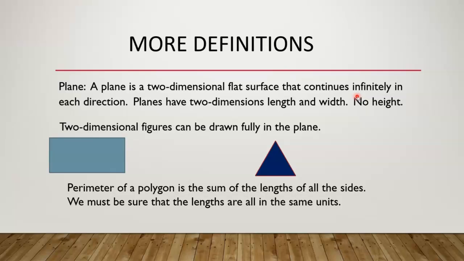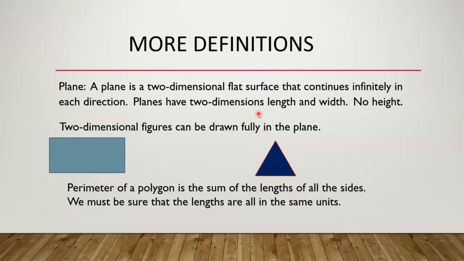In other words, it never ends in each direction: left, right, and up and down. So in a plane, you can go east, west, north, and south. Planes have two dimensions. And two dimensions you can also think of as length and width.